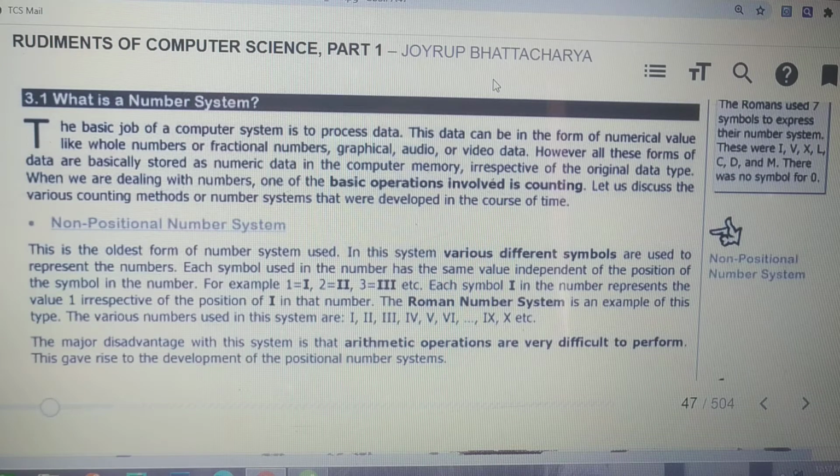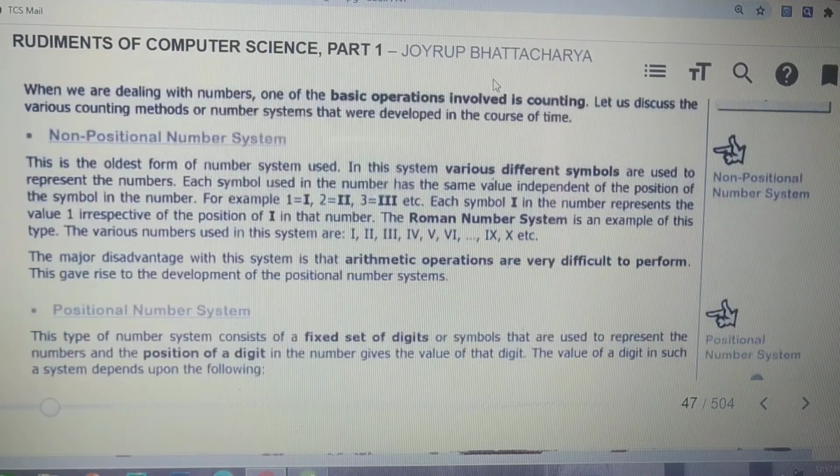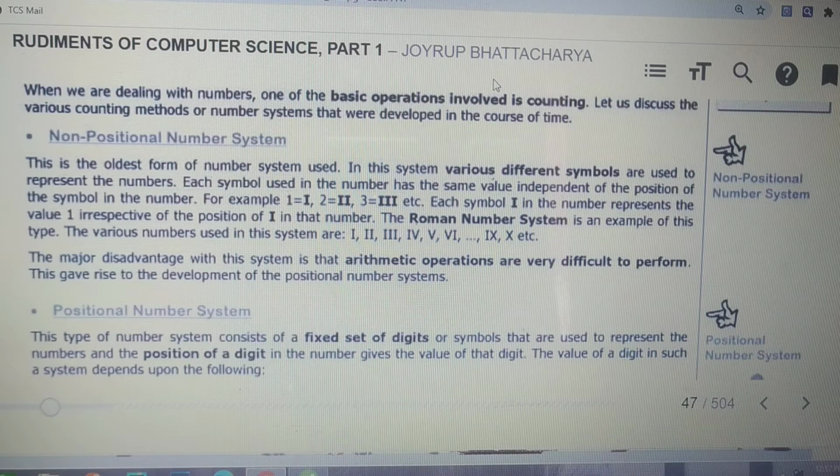So when we are dealing with numbers, one of the basic operations involved is counting. Depending upon this counting, two number systems were developed. The first one is non-positional and the other one is positional. First we will learn about the non-positional number system.